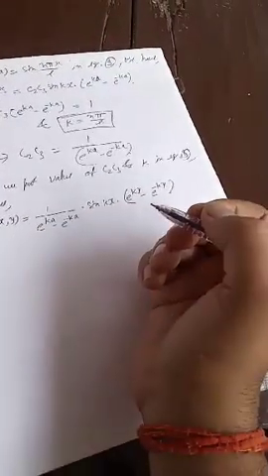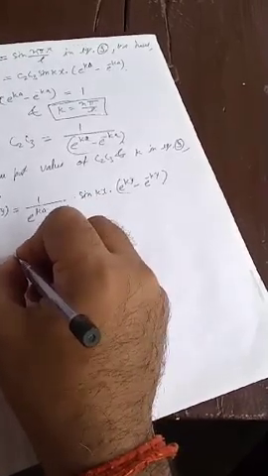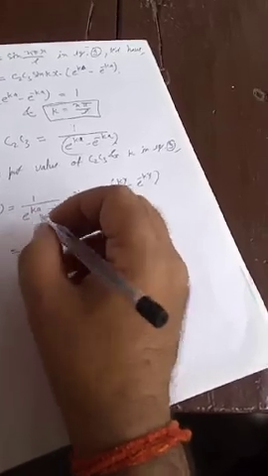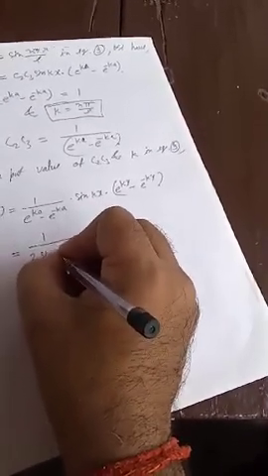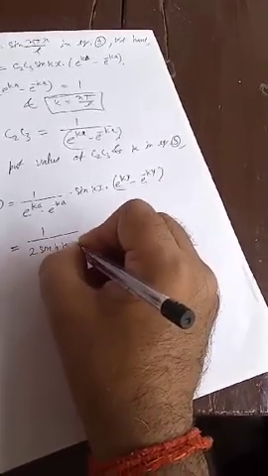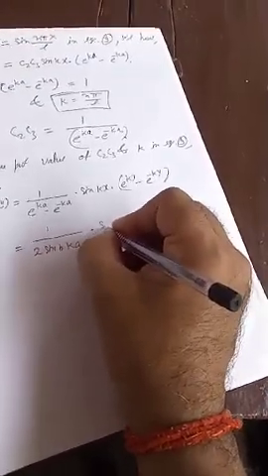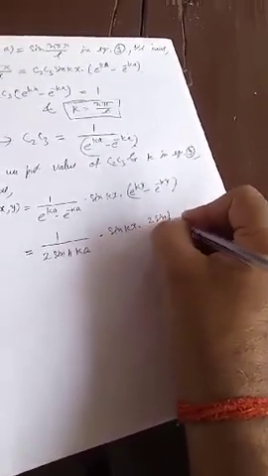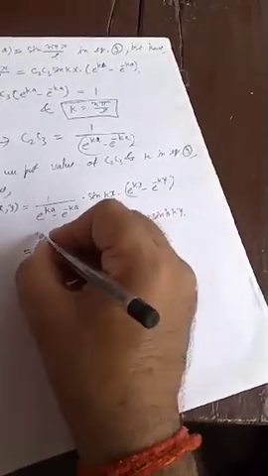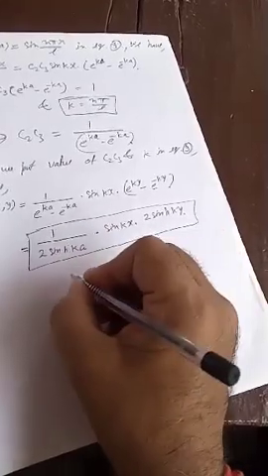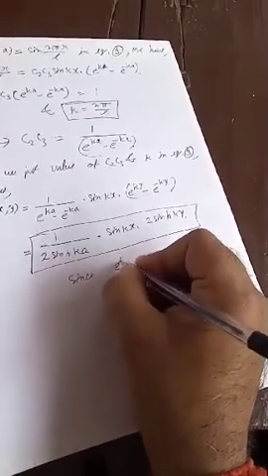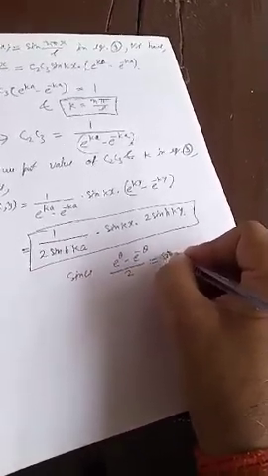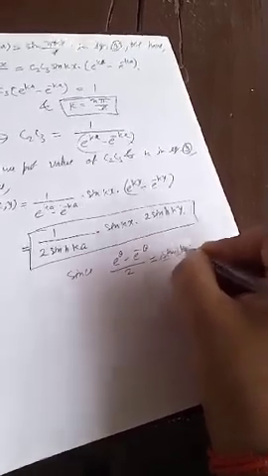So this will be equal to 1 upon 2 sinh(ka) into sin(kx) into 2 sinh(ky), since (e^θ − e^(−θ))/2 is equal to sinh θ.